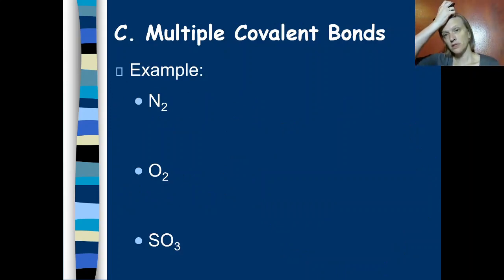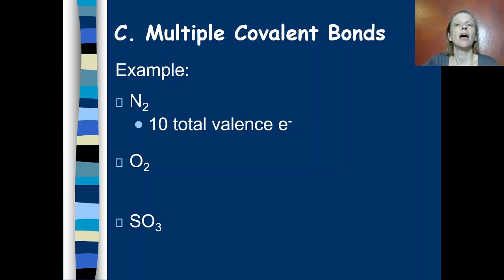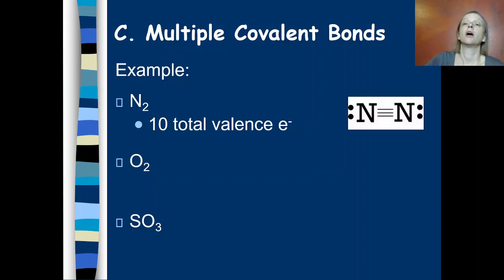So let's look at some more examples with multiple covalent bonds. Nitrogen gas is a diatomic molecule, and has 10 total valence electrons, 5 from each of the nitrogen atoms. So how do I draw nitrogen to satisfy these conditions?